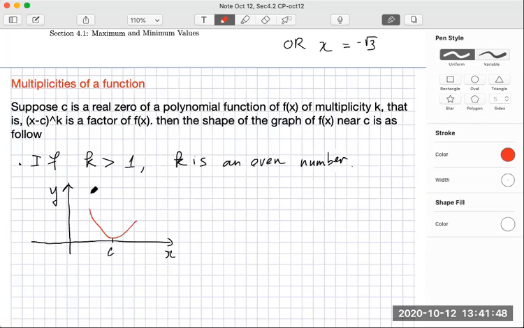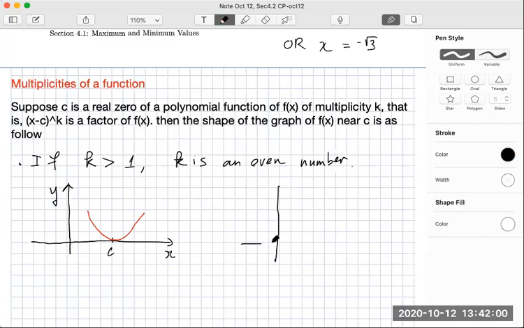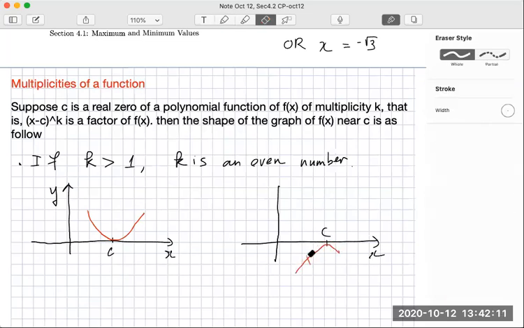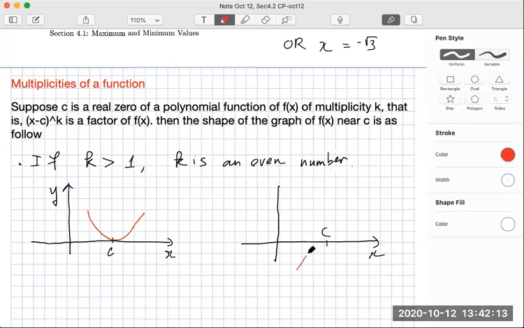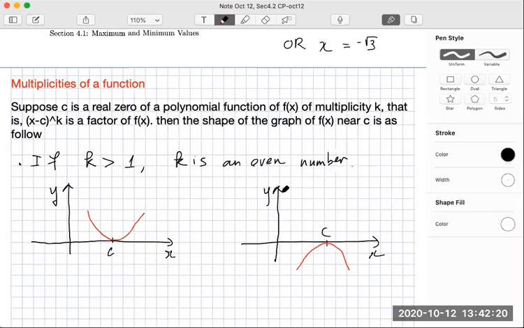It will touch the x-axis at c. Or another situation is that it will touch the graph at this point. Okay?